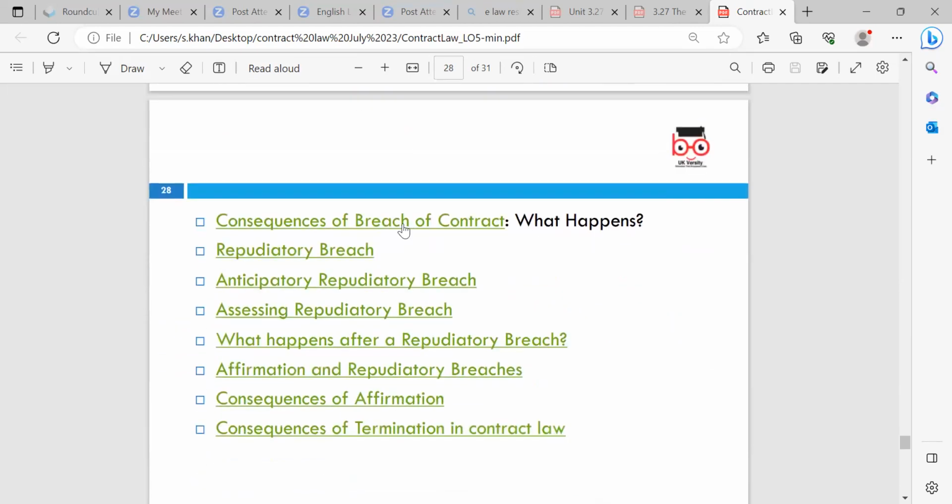Consequences of breach of contract, what happens: repudiatory breach, anticipatory breach, assessing repudiatory breach, what happens after repudiatory breach, affirmation and repudiatory breach, and consequences of affirmation and consequences of termination of contract. If you go on to each one, you can get more information around each area, and the links are available for you on there.